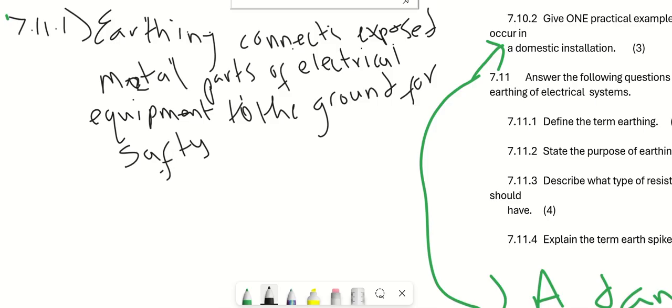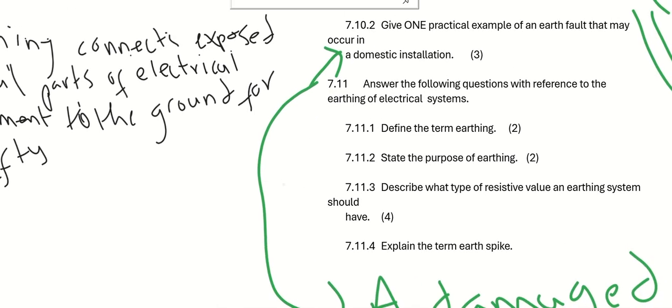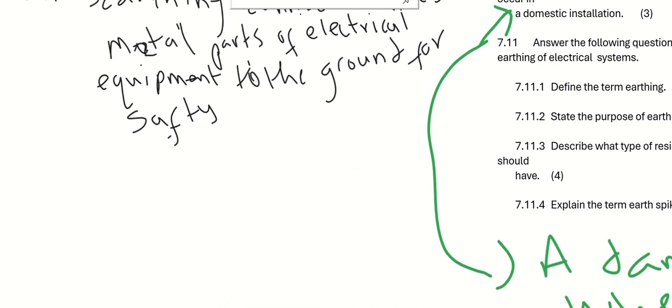What is the purpose of earthing? Number one, I told you that it is to prevent electrical shock. And another one, I said it provides a safe path for a fault current. They just want one.